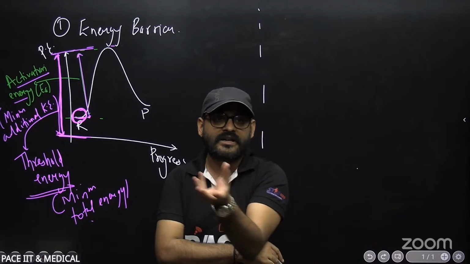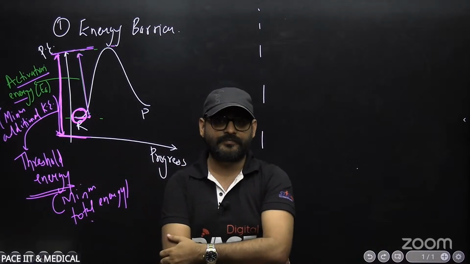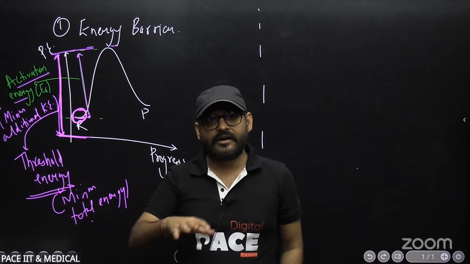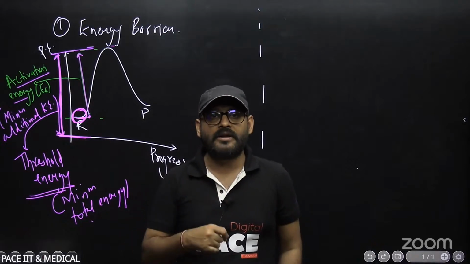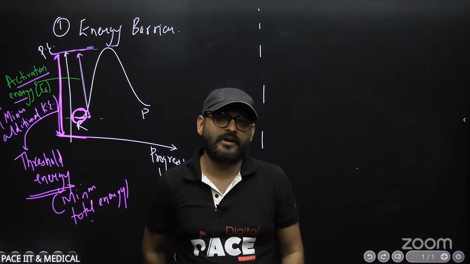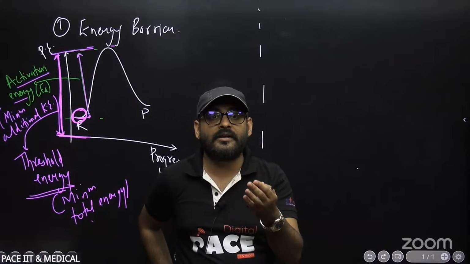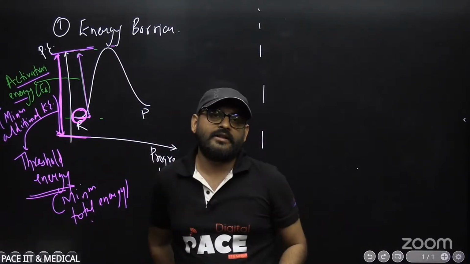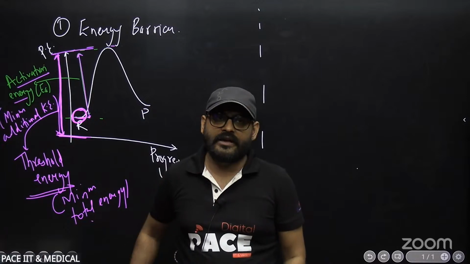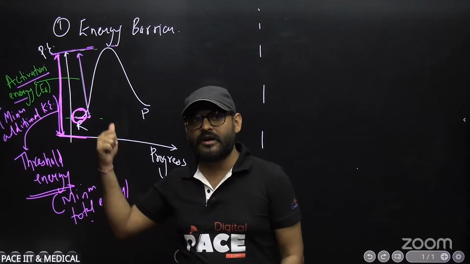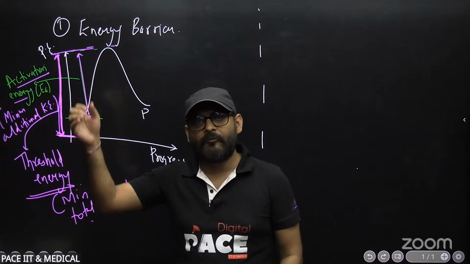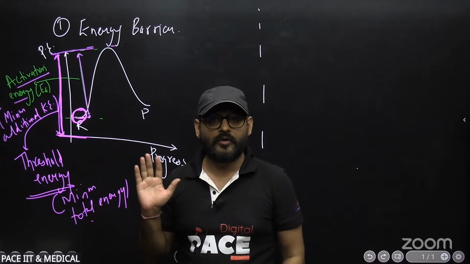That 50 represents activation. That 50 is more important because 100 you are already getting. How much extra do you want? 50 marks to cross that. The minimum extra marks you need to cross the JEE barrier is 50 marks. That is the difference between threshold and activation. Activation is 50 and threshold is 150. Okay.